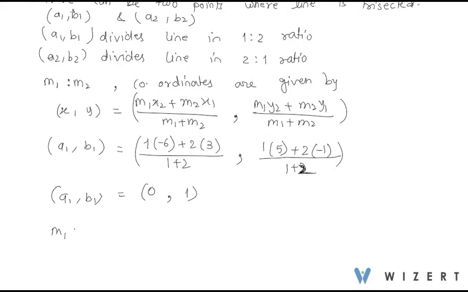So m1:m2 is equal to 2:1. Here it was 1:2.